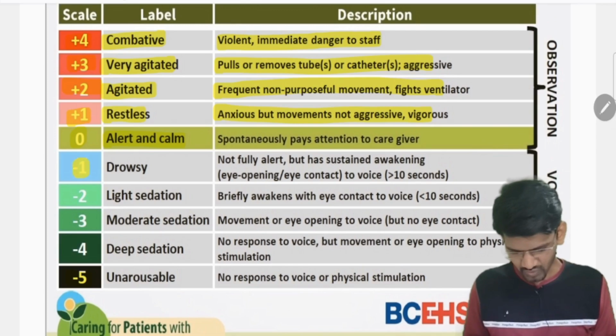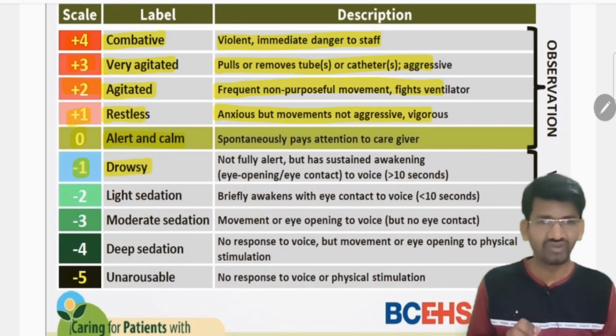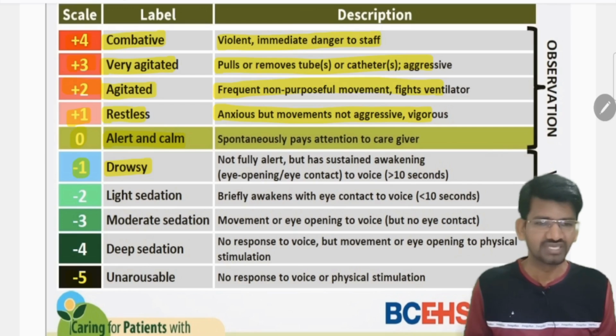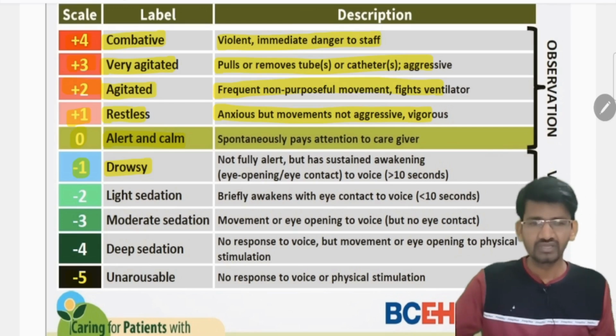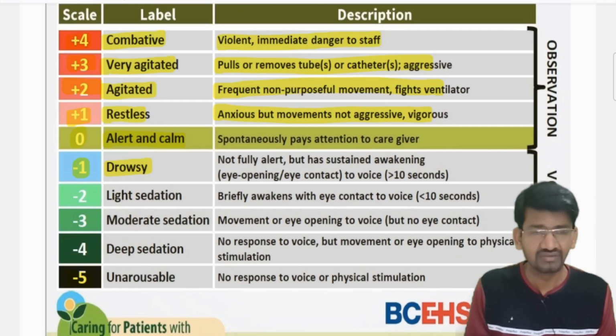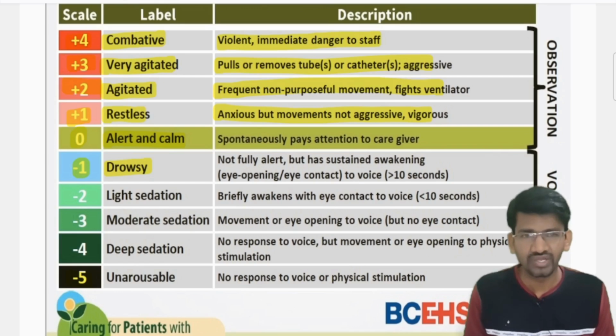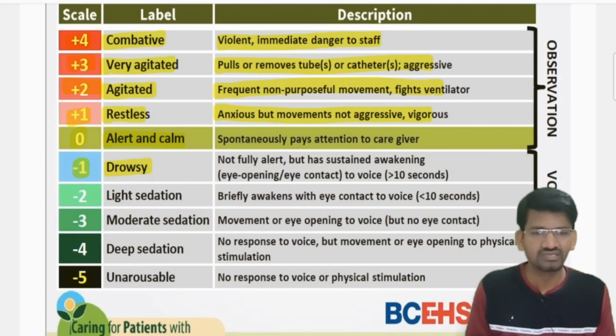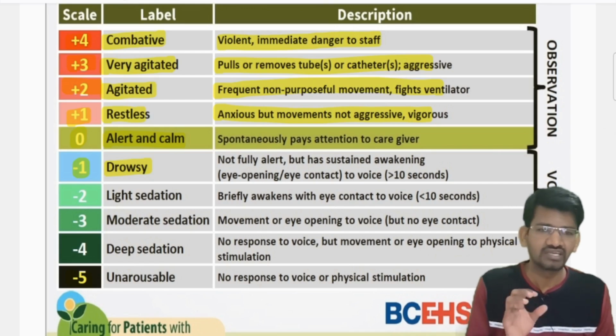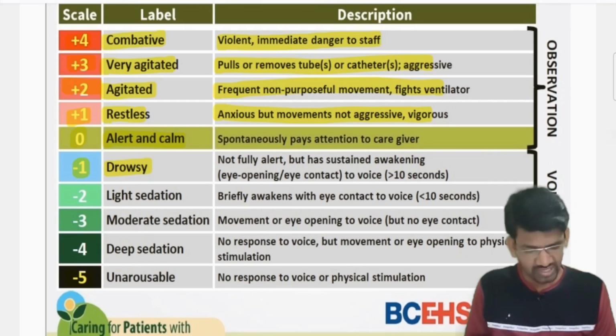The next comes the negative score, that is the sedation level. Minus one score is given for a patient who is drowsy. Drowsy means the patient is awake but not fully alert. He can maintain eye contact with the staff. When you call him by his name, he can look at you, open his eyes, and maintain eye contact for more than 10 seconds.